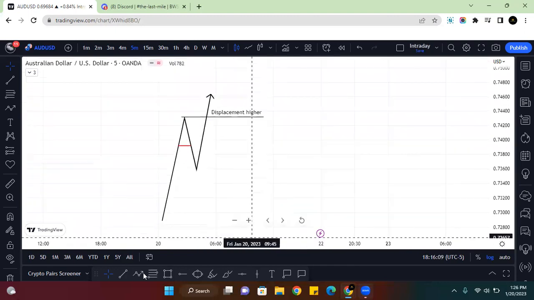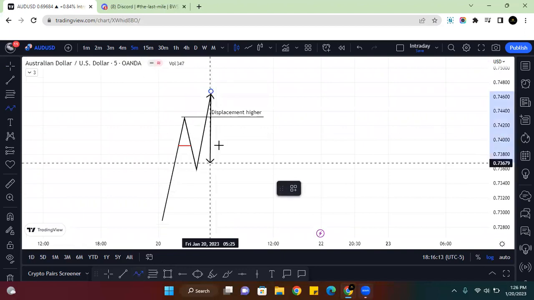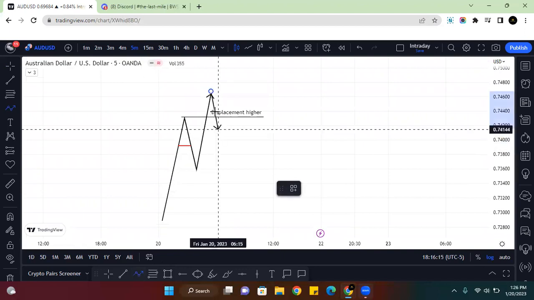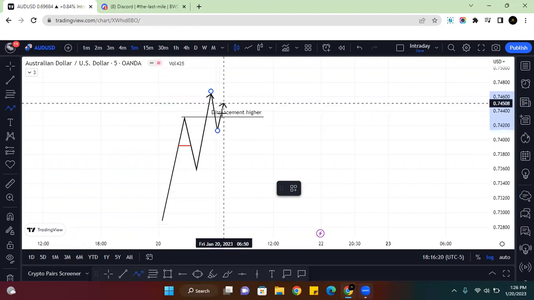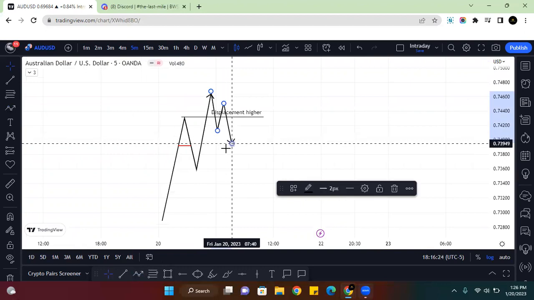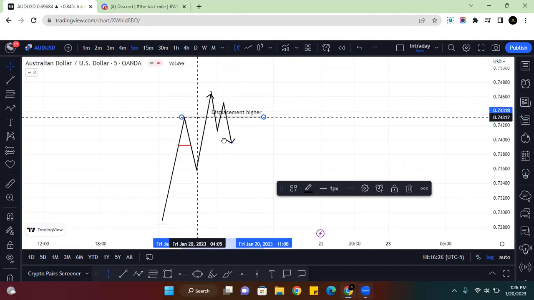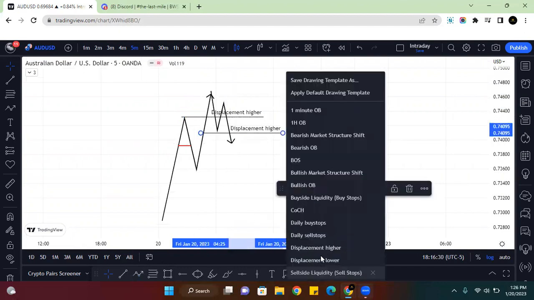And then what you want after that, right? That's confirmation number one. You want price to trade below a short-term low. So basically, price will give you liquidity shift confirmations, right? Let's just say it made a low. You want a displacement lower right here, and that's what a displacement lower is called.